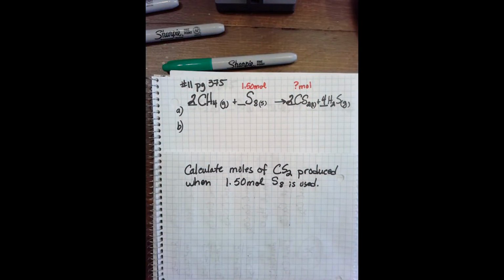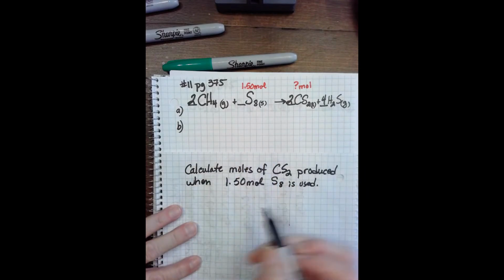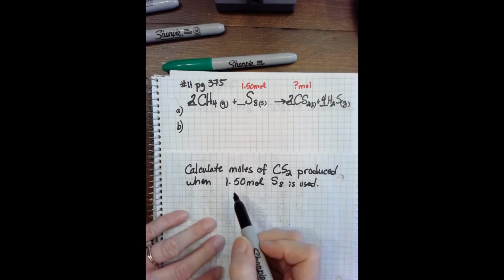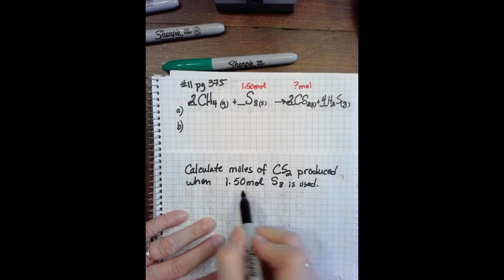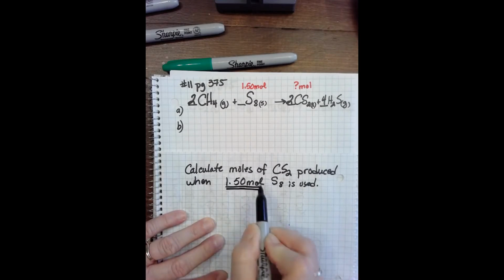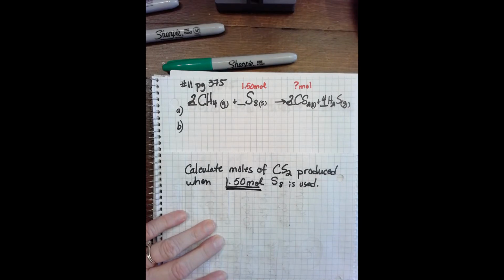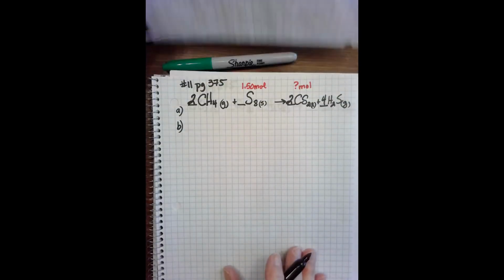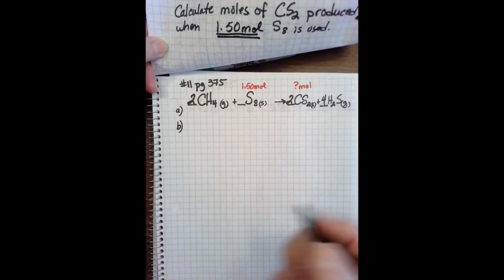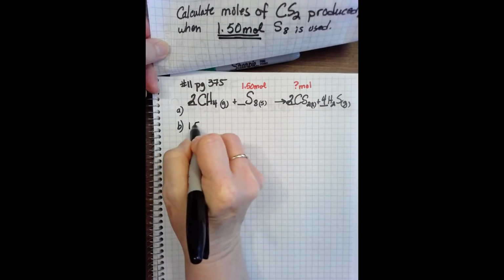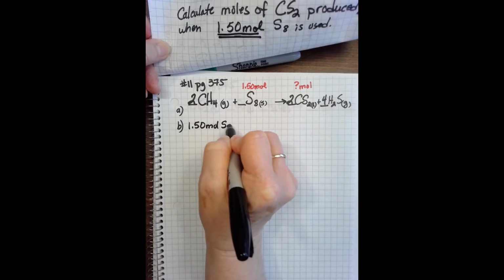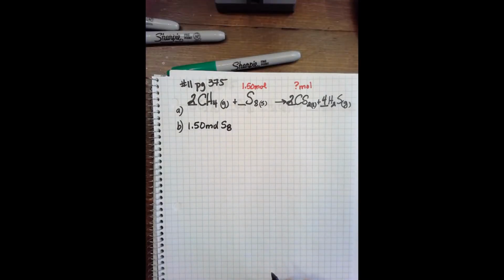And as we did in our particle, mole, and mass equations, we're always going to start our math with the data that the problem gave us so we don't get off track. So I'm going to write down that I have 1.50 mole of S8.